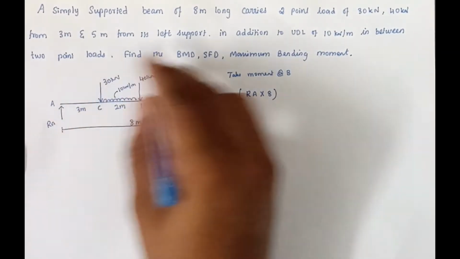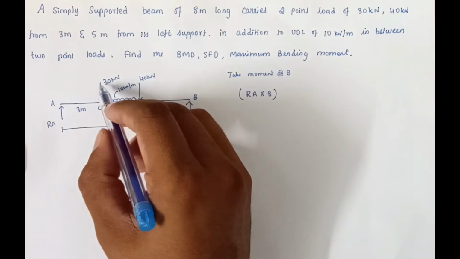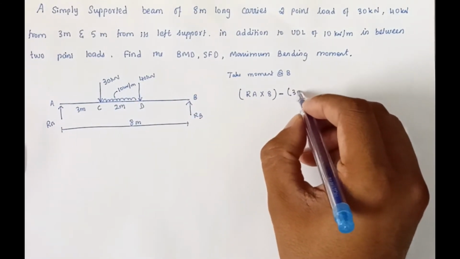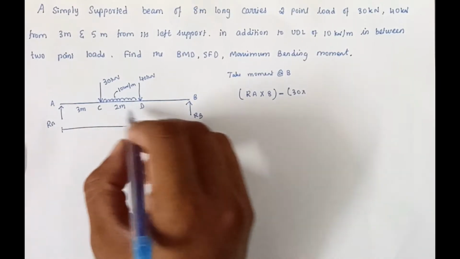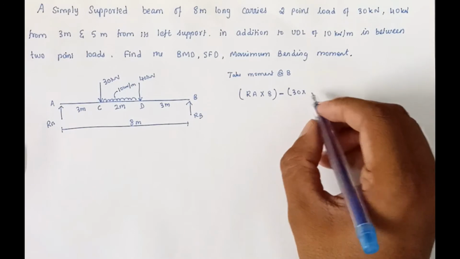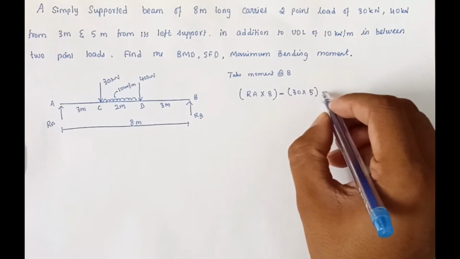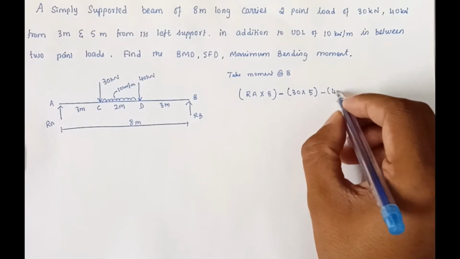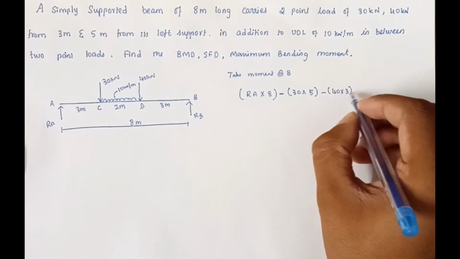This is positive because of clockwise, and this point load is anti-clockwise, so minus 30 into the distance. The total is 8 meter, so this is 3 meter, so 30 into 5. Again we have another point load, minus 40 into 3 meter.